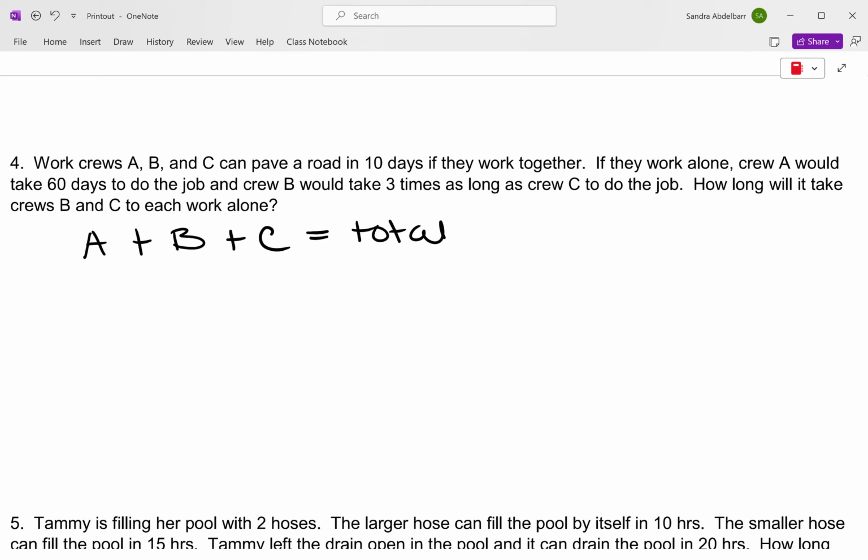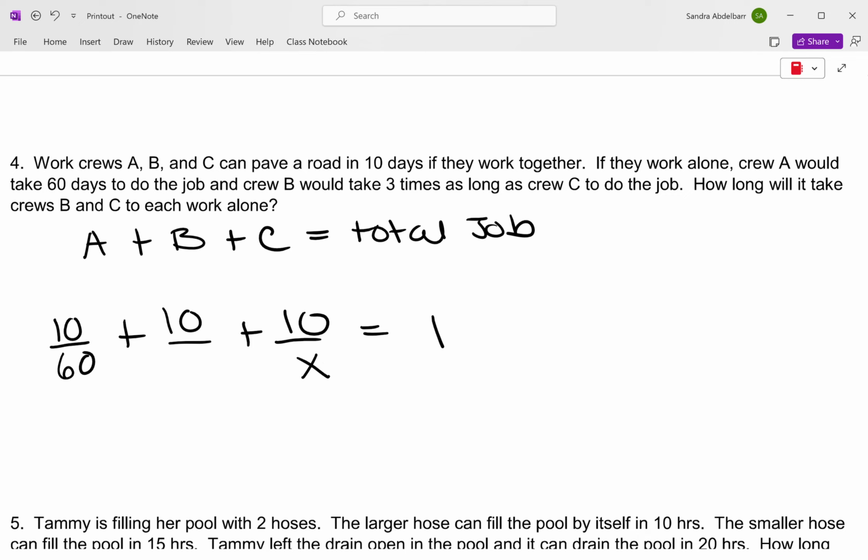So we know A plus B plus C will equal our total job. What are all of our numerators going to be? Michael? 10, you got it. So crew A would take 60 days, so the first denominator is 60.